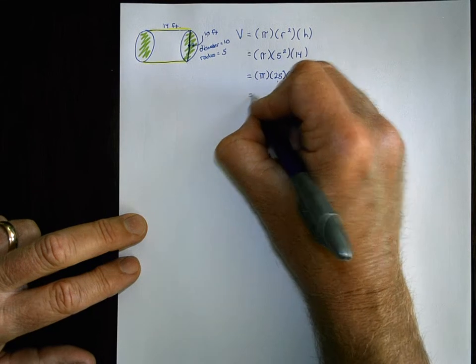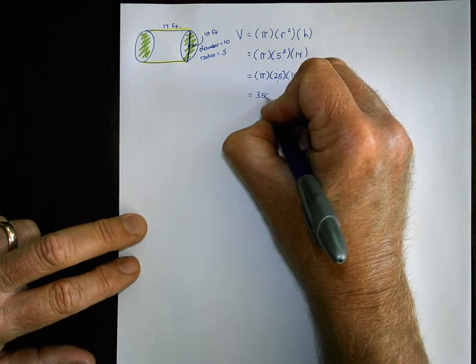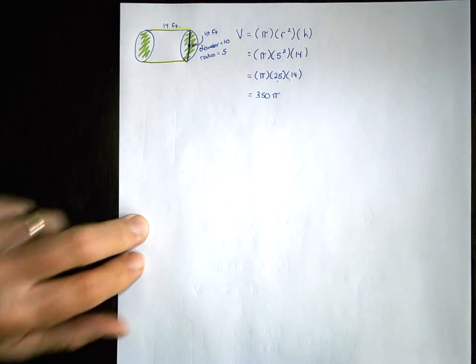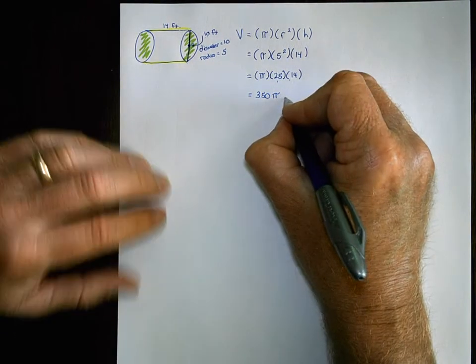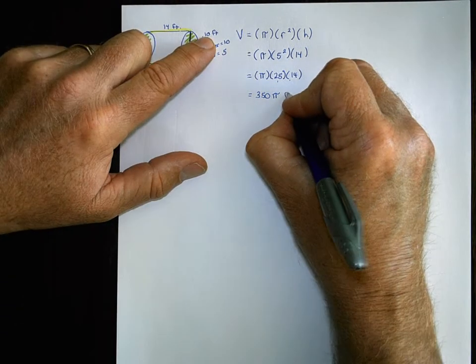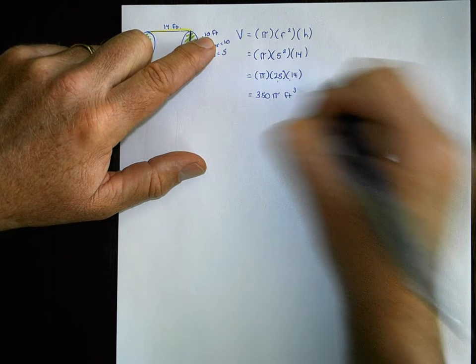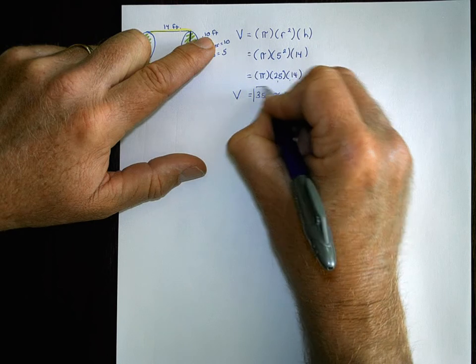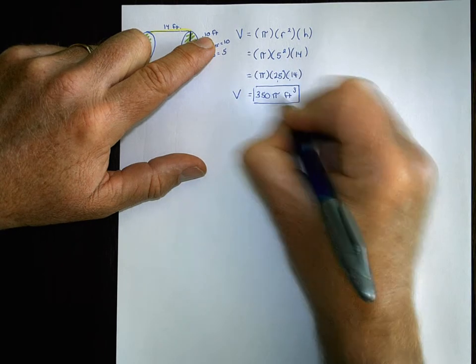So 350 pi. You could write your answer like that. Okay, and then don't forget the units. So my units are feet, and it's always going to be feet cubed. So the volume of this cylinder would be 350 pi cubic feet.